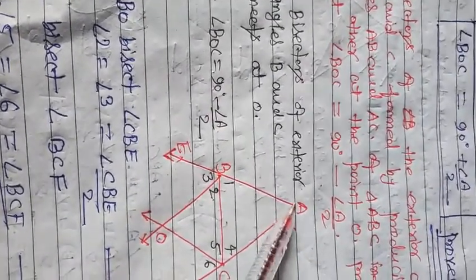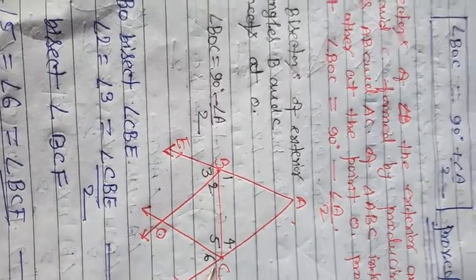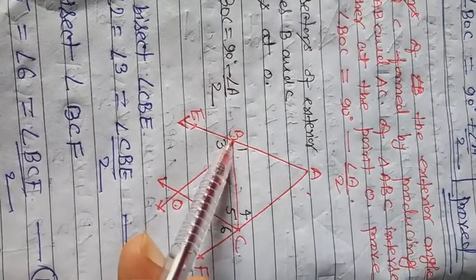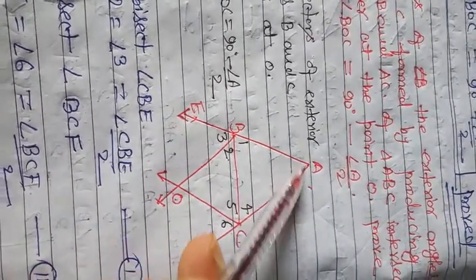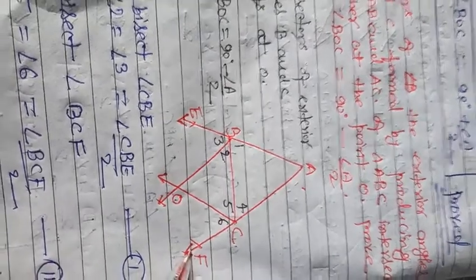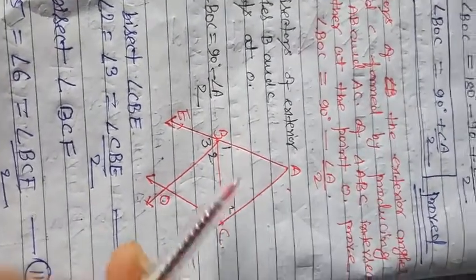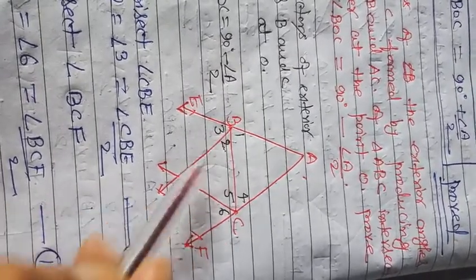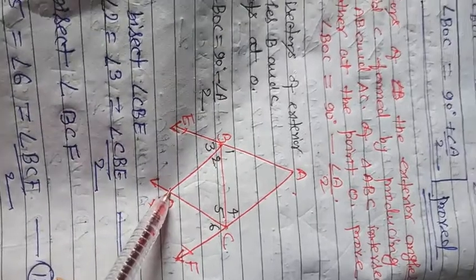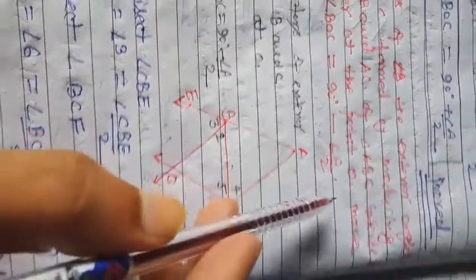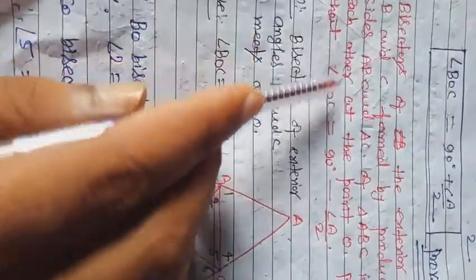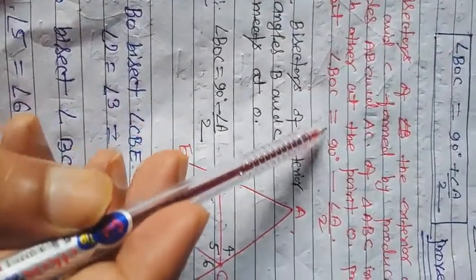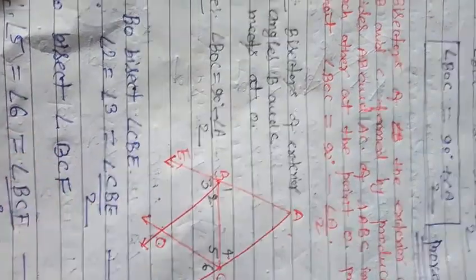Here it says there is a triangle ABC whose exterior angle is formed when the side AB is produced at E and AC is produced at F. Okay, so the bisectors of its exterior angles, BO and CO, intersect at point O. Then prove that angle BOC is equal to 90 degree minus angle A by 2.